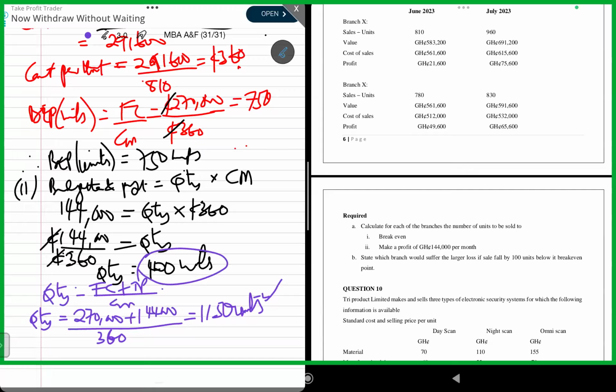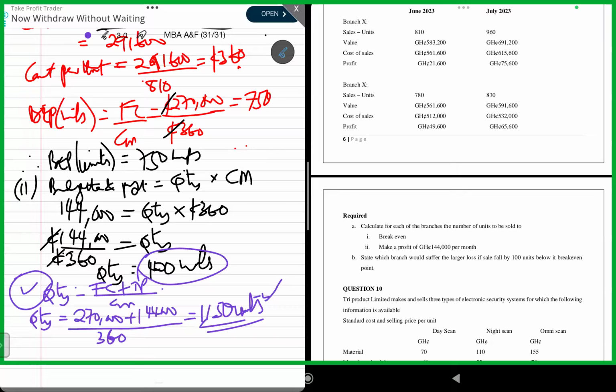So let's adopt the second one. Here, the first one was an extra sales, but this constraint is within the fixed cost constraint. So let's adopt the second one. The second one is the correct answer.